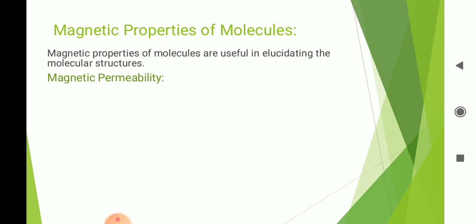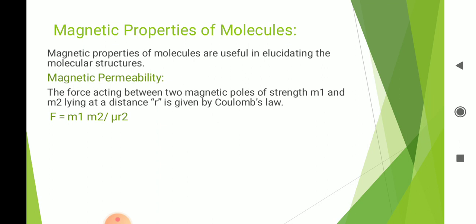The force acting between two magnetic poles of strength m1 and m2 lying at a distance r is given by Coulomb's law. F is equal to m1 into m2 divided by mu r square, where mu is a constant characteristic of the medium and is called the magnetic permeability of the medium.